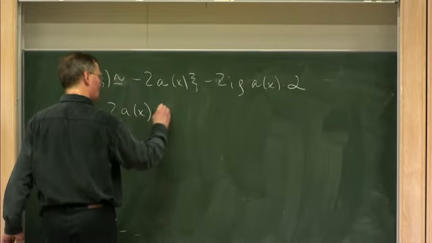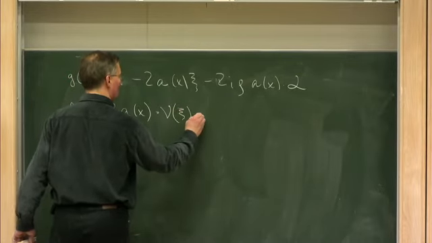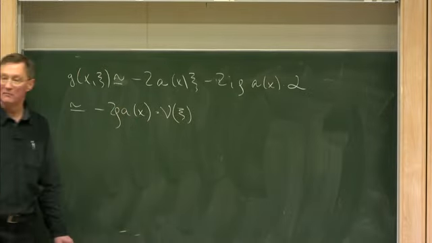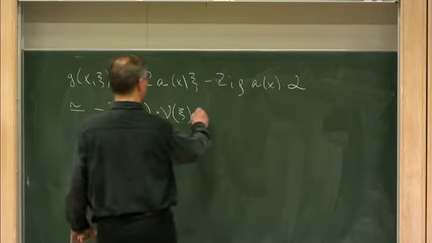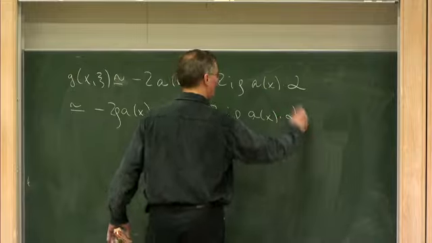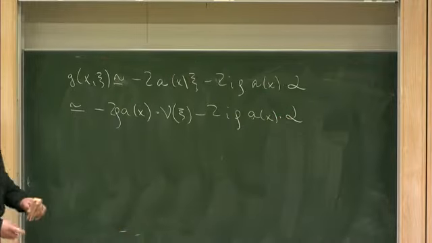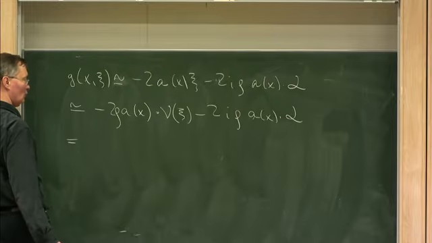by direction vector times rho, right? In the spherical shell, I can do that. The error will be of order omega. And this term stays as it was before. And that's it. This is exactly what we are looking for.